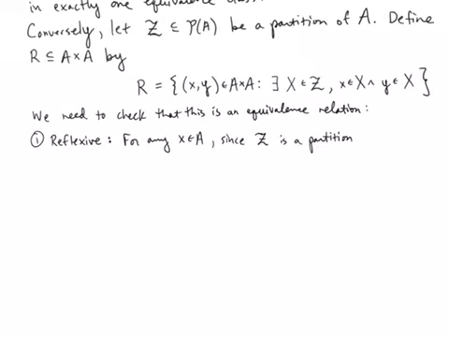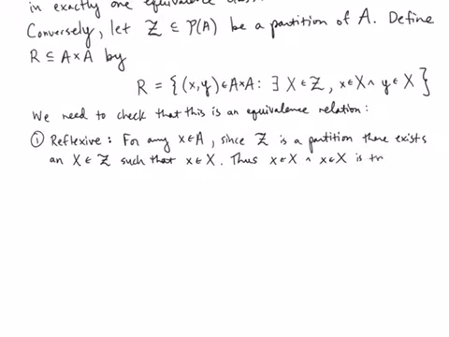So in particular, since Z is a partition, there exists a capital X in Z such that little x is in that capital X. Thus, x is in X and x is in X is true. So x is related to x.